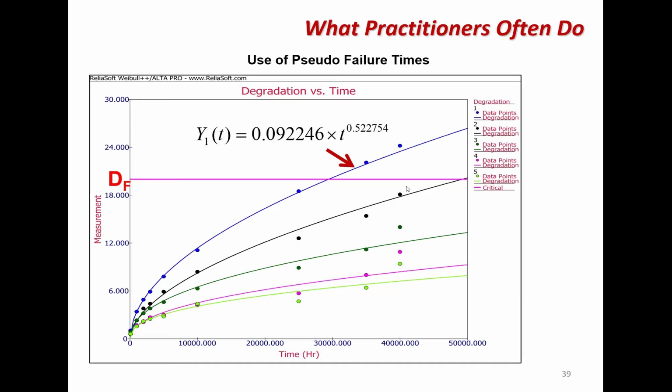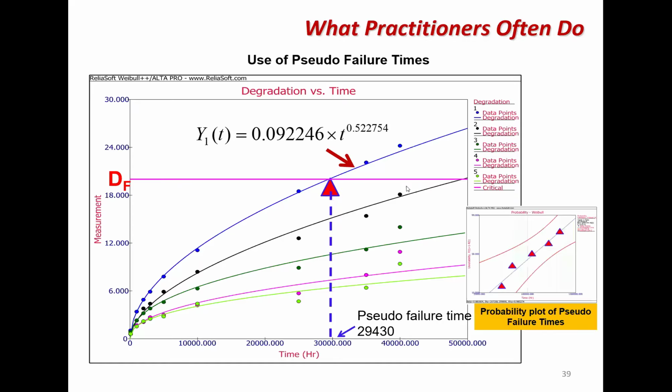Then they fit the curve and find when this curve crosses the failure threshold. Intuitively, this becomes a failure time, but it is not an actual failure time they collected. That's why it's called a pseudo failure time. When they have found those pseudo failure times, they fit a probability distribution to them, and then they can estimate the reliability of the product. Of course, what they're using is degradation data instead of actual failure times. So this is what practitioners often do in the field.